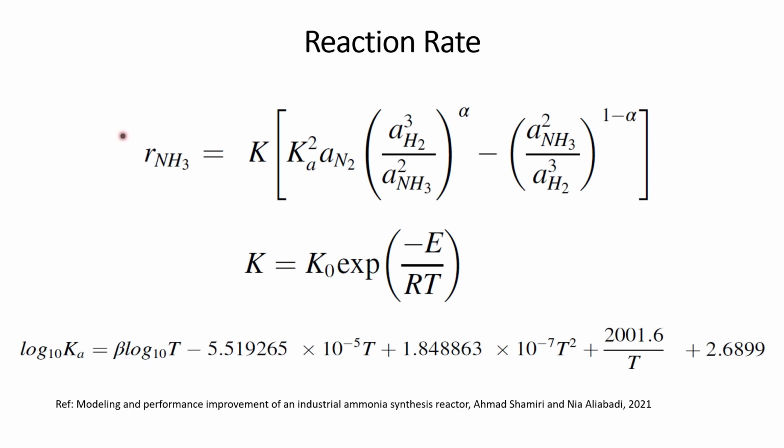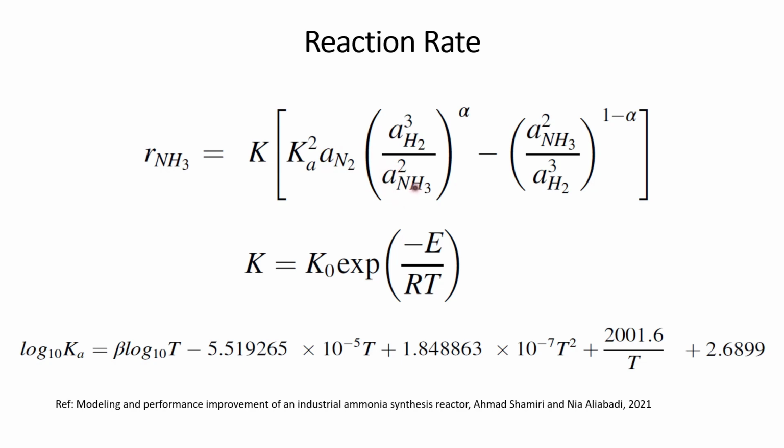Right. And how do we achieve a more accurate model? We use a modified Temkin equation as proposed by Tyson and Simon. This equation considers a more detailed kinetics approach where K is the reverse reaction rate constant, Ka is the equilibrium constant, and A represents the activity coefficients for nitrogen, hydrogen, and ammonia.